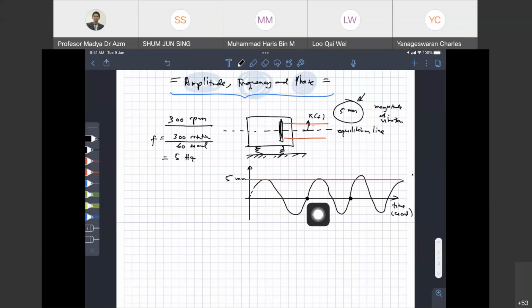Anyone can answer? If the machine is vibrating at 5 hertz, one cycle, how many seconds here?